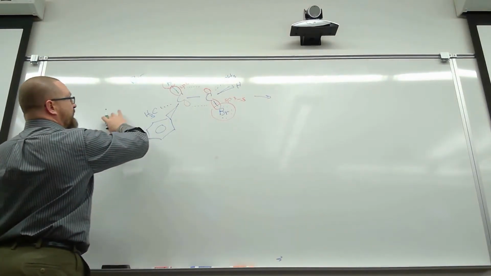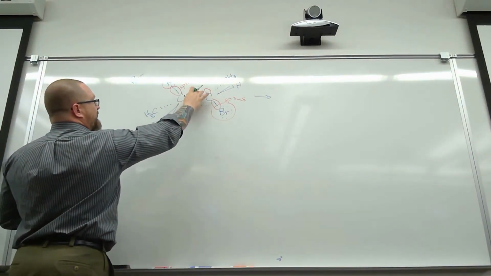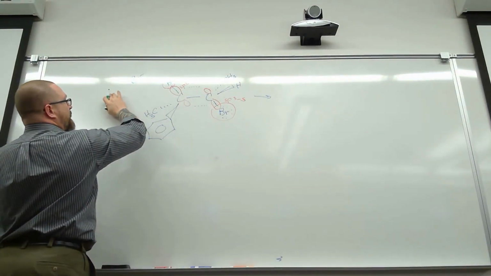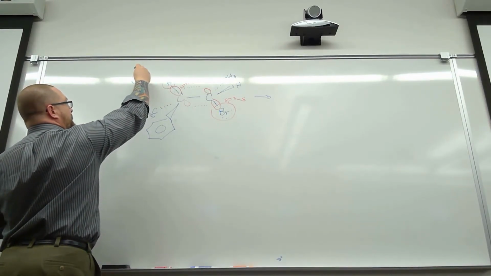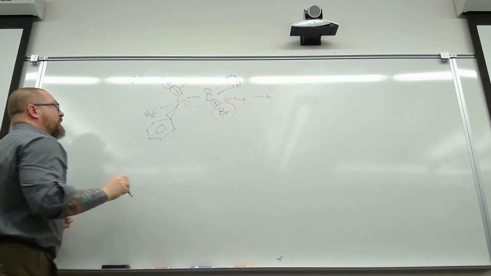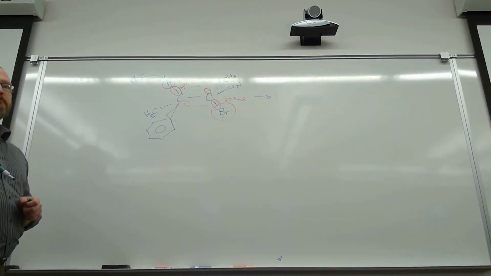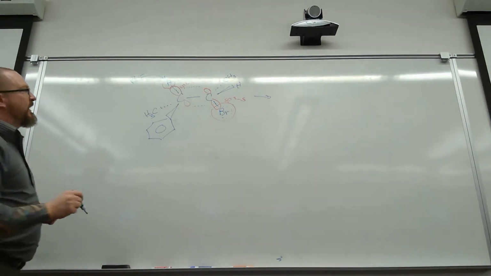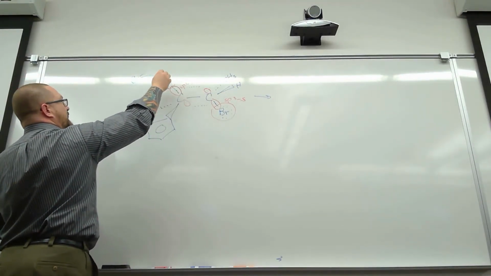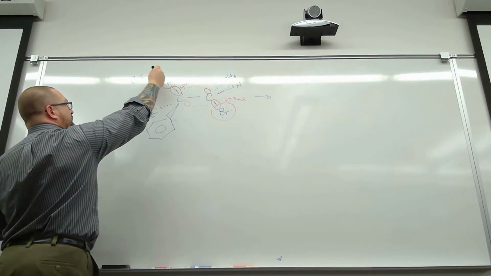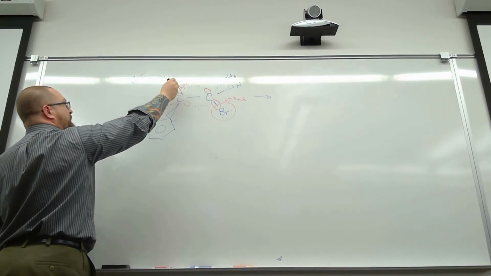So what's taking place here is because of this, we are able to have this base come in and take this proton, making the conjugate acid. When that happens, as we form this bond, we have to be breaking this bond.